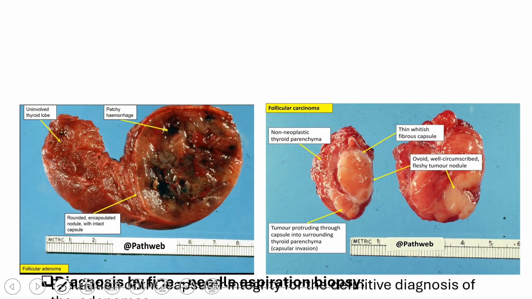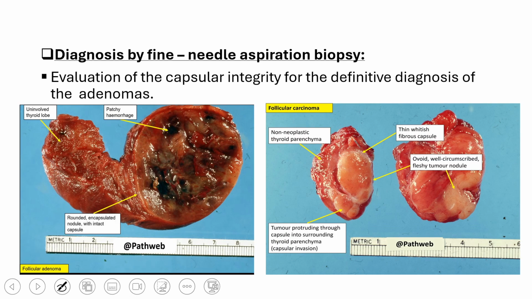Next, we see the difference between follicular adenoma and follicular carcinoma, and this difference is found by fine needle aspiration biopsy, where the cells are aspirated with a fine needle, and evaluation of capsular integrity is done for the diagnosis of adenomas.